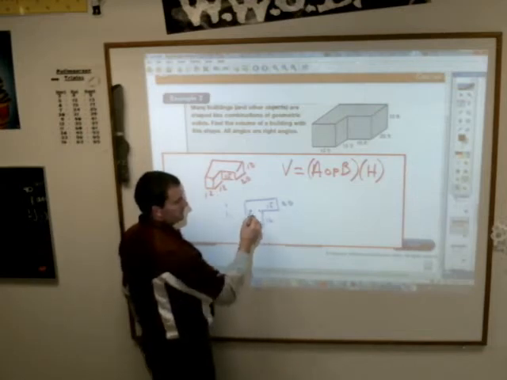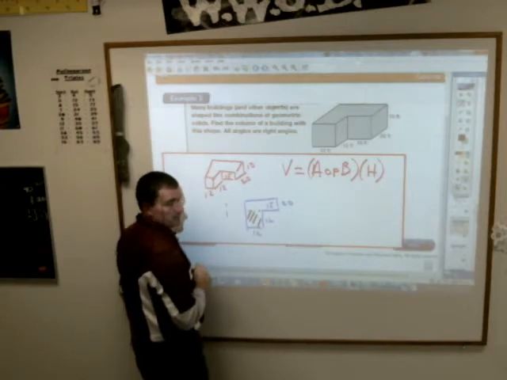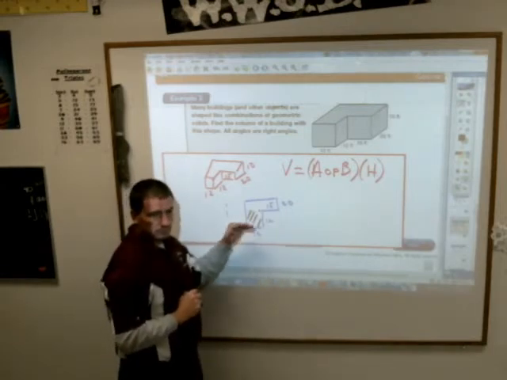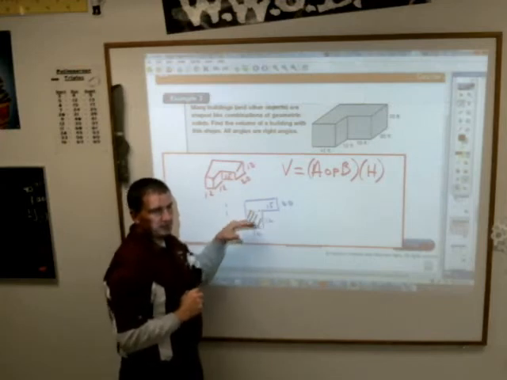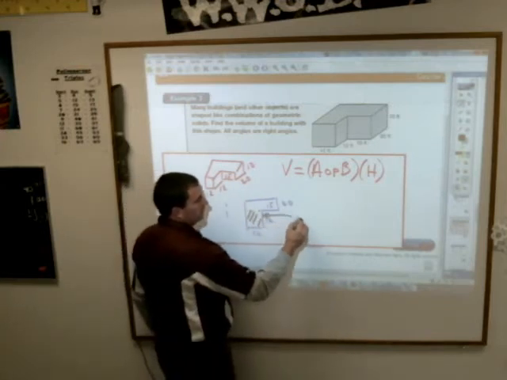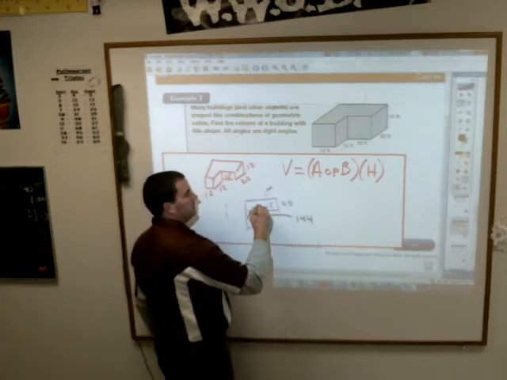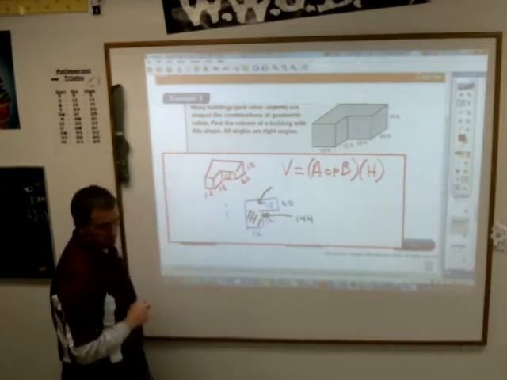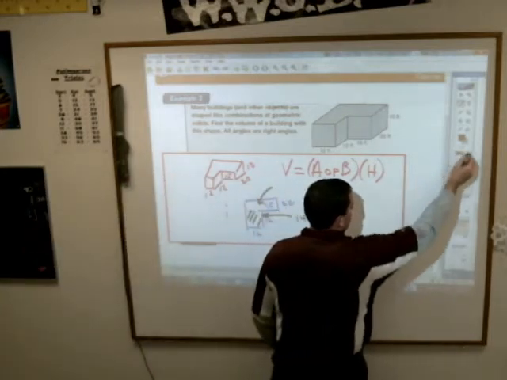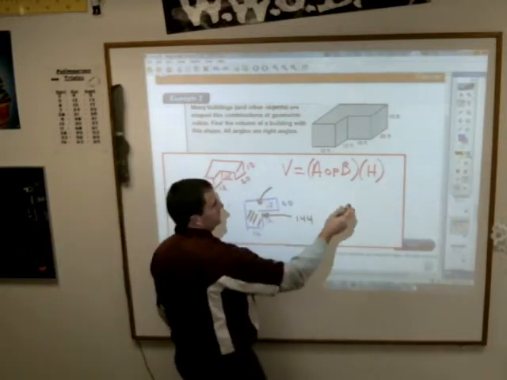What's the area of this square right here? Area of that square right there, 12 times 12 is, John? So the little square there is 144. How about this big rectangle here?